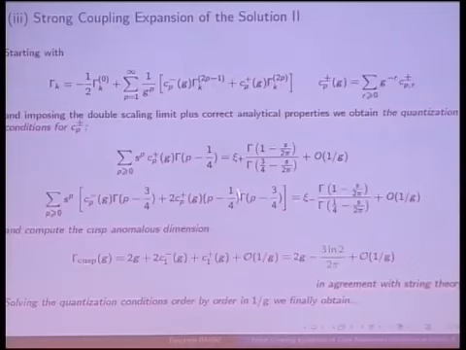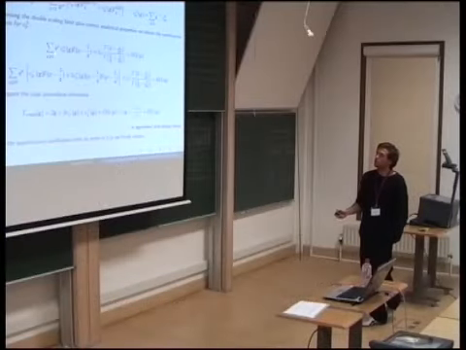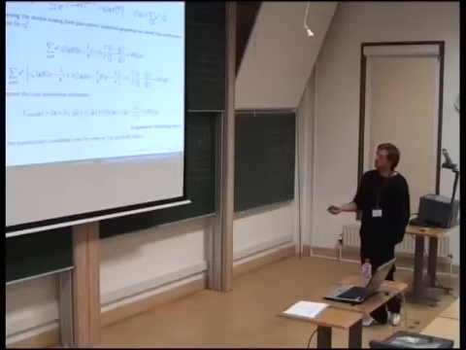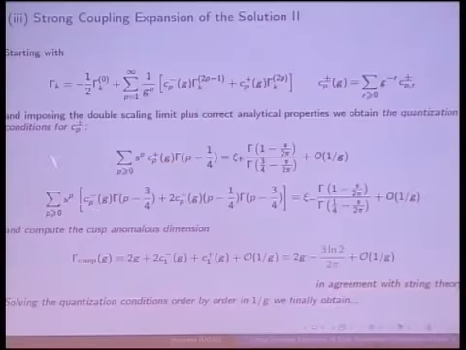If you solve this, you compute C plus, C minus from this relation. Everything is known on this side, so we have a system of equations. And if you compute the cusp anomalous dimension, you will find the 3 log 2 over 2 pi, in agreement with the Alday-Frolov computation.